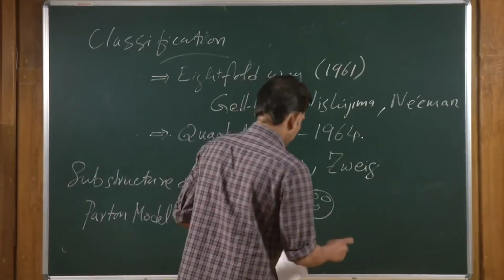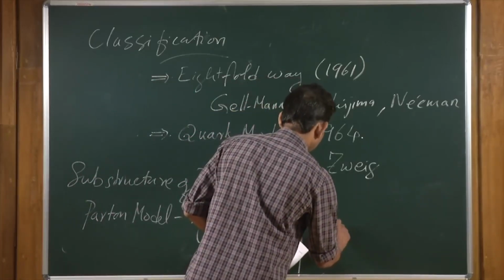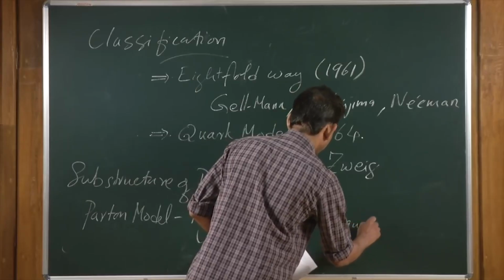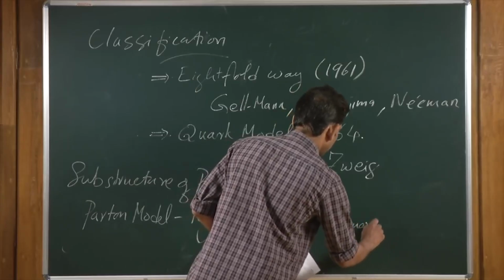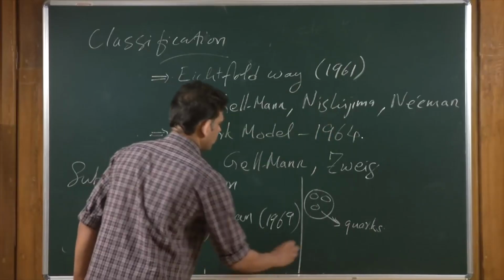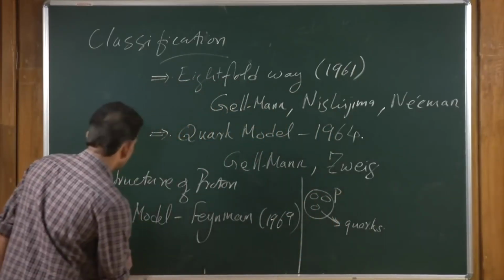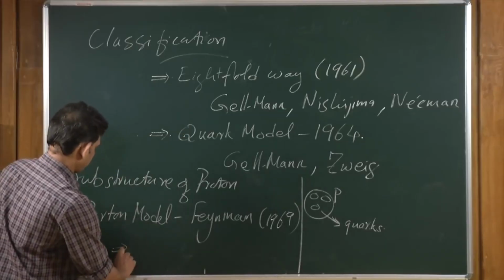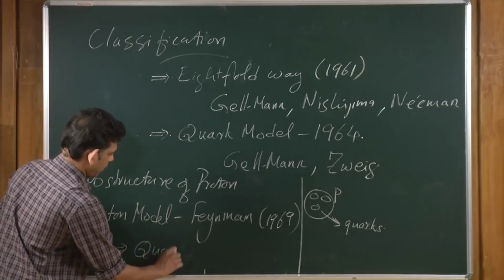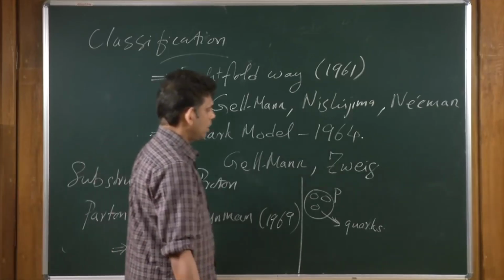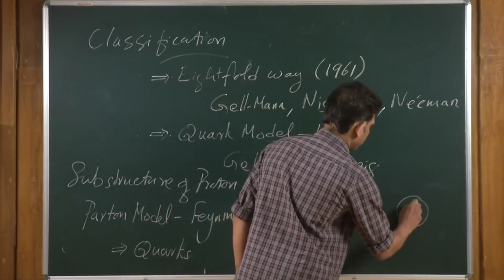So, these are quarks, they are named quarks. This is a proton, and a proton is made of these quarks. Neutron is also made of quarks.